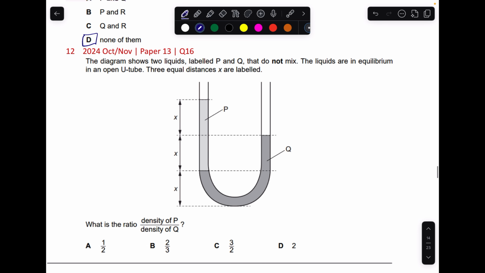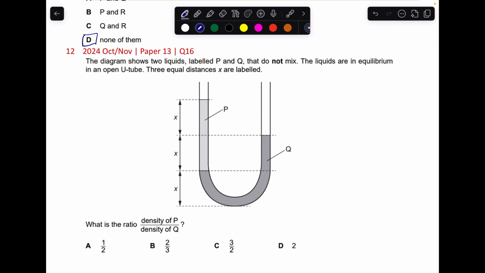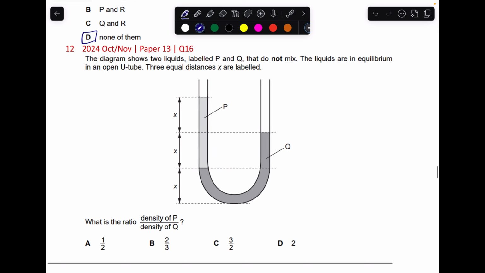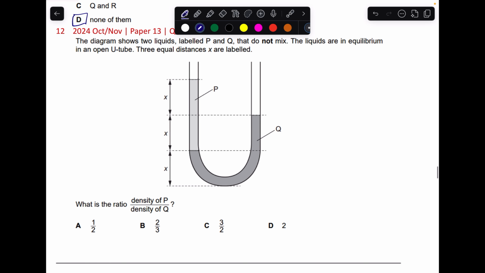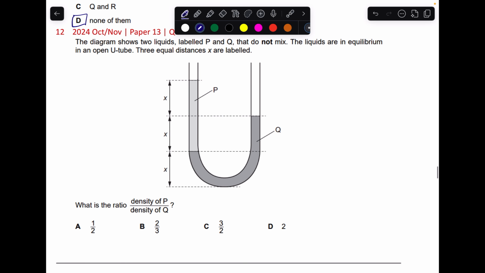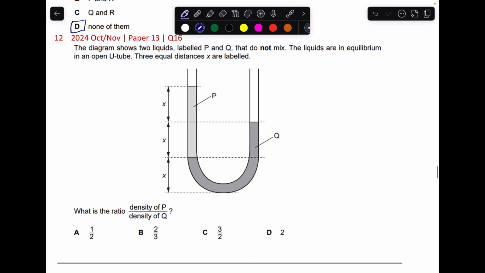In question 12, the diagram showed two liquids labeled P and Q that do not mix. The liquids are in equilibrium in an open U tube. Three equal distances x are labeled. What is the ratio of the density of P and the density of Q? Okay, so their height depends on the pressure of the liquids, right?